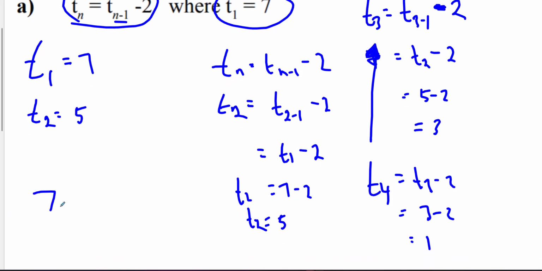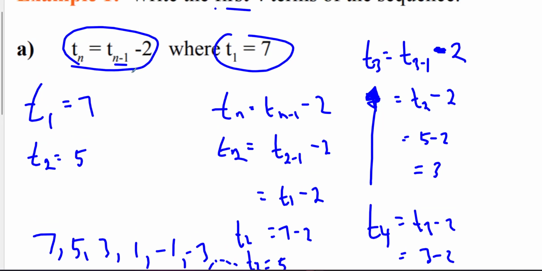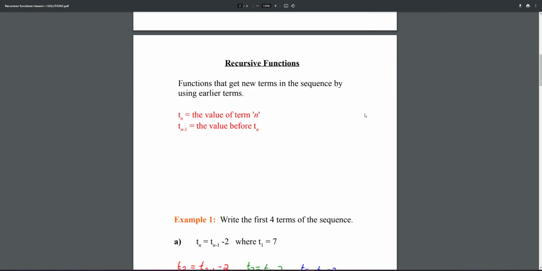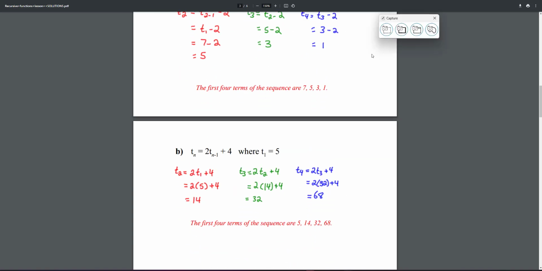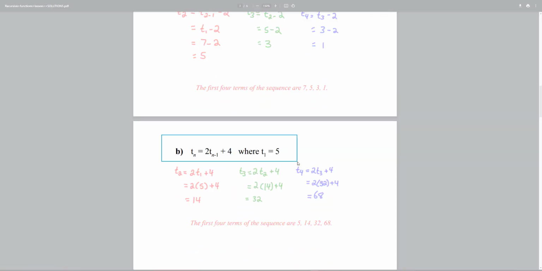Once you have a pattern, you can probably write the rest. The first value was 7, the next value is 5, next is 3, next is 1. Now I can kind of see the pattern, it's probably going to be -1, -3, and so on. But how did I start off? I used this equation. So that's the recursive function.